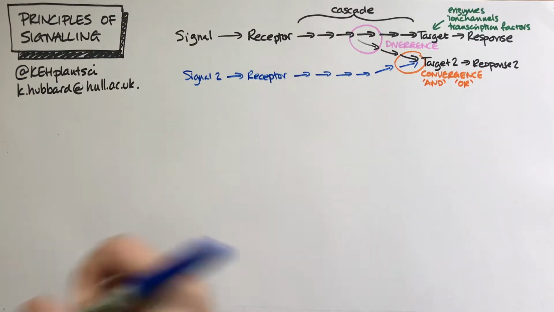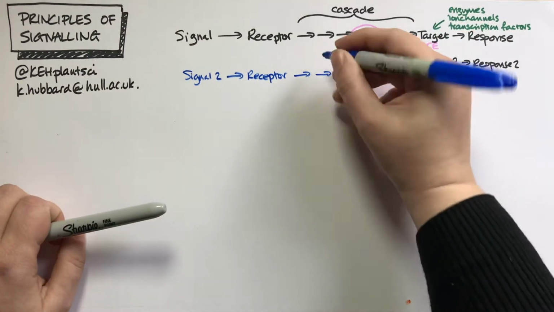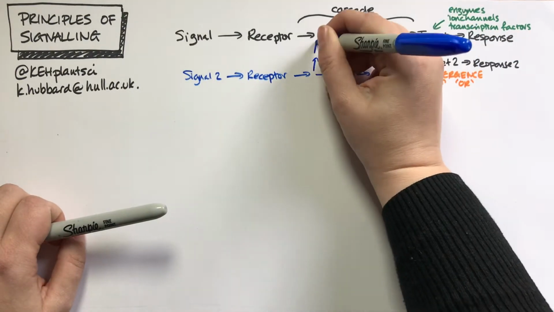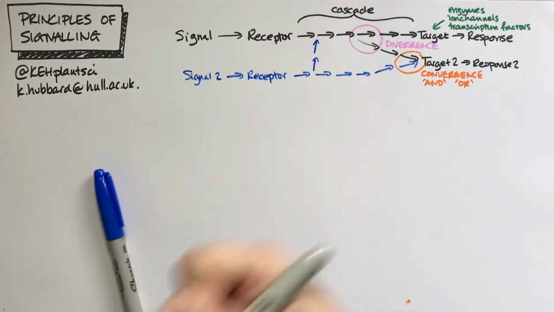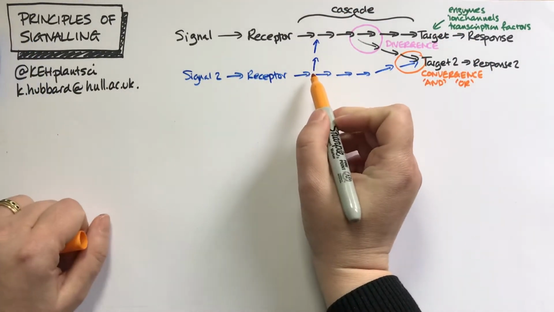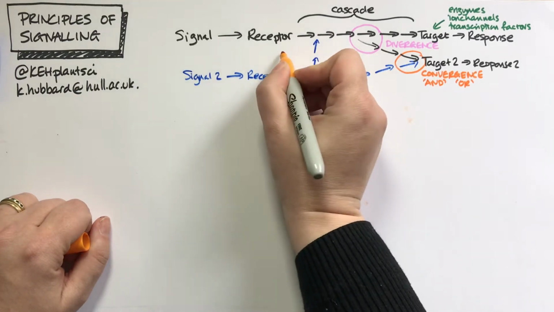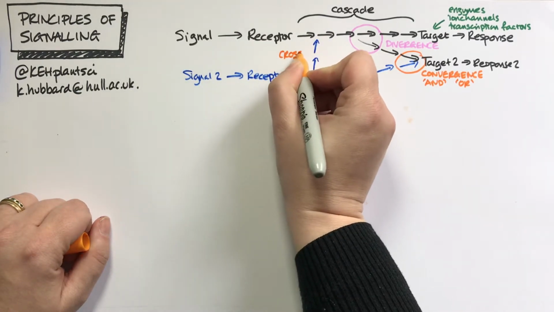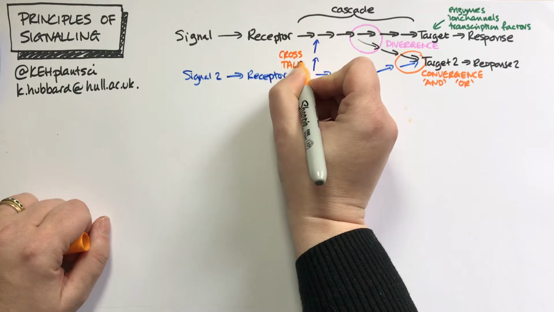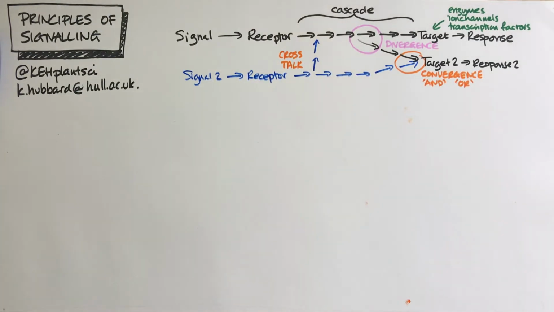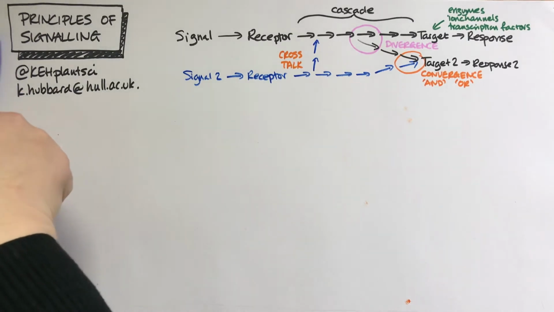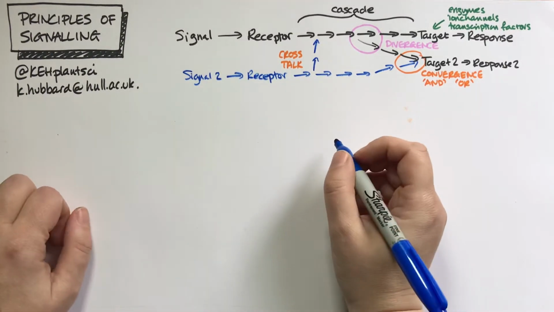We can also have interactions between pathways. So we might have a system whereby the signalling system from signal 2 is affecting the pathway for signal 1, so that will be an example of crosstalk. So you've got pathways interacting with each other. And then the other thing that you often have in signalling pathways are feedback loops.